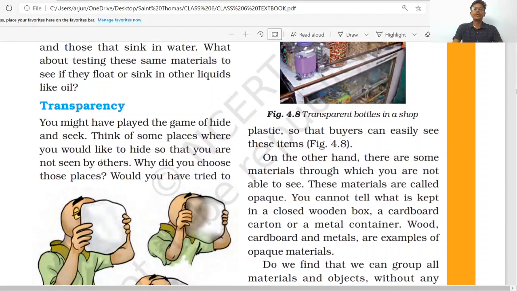Transparency. You might have played the game of hide and seek. We all have played. We are still playing the game of hide and seek. Think of some places where you would like to hide so that you are not seen by others. Why did you choose those places?